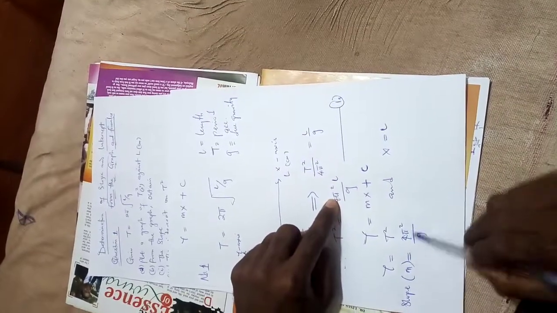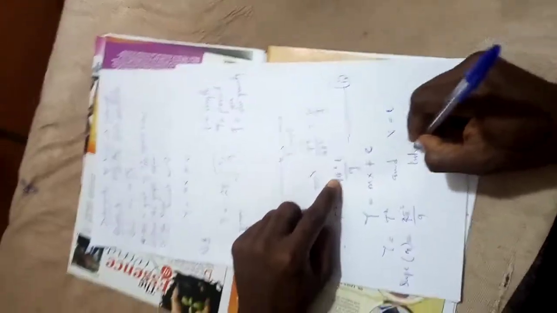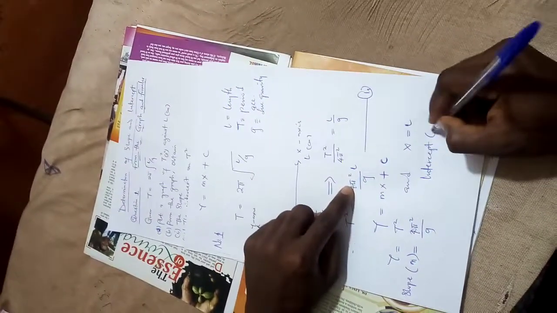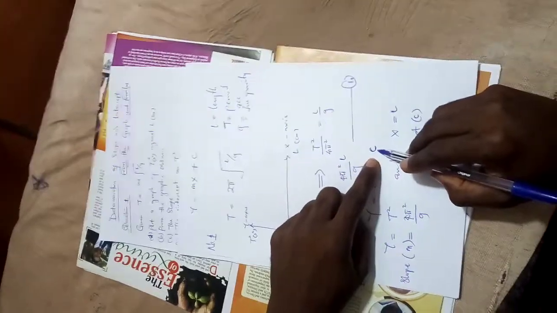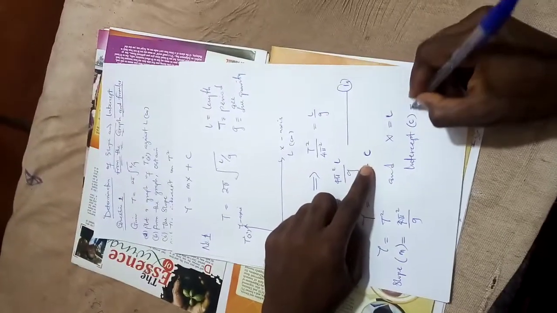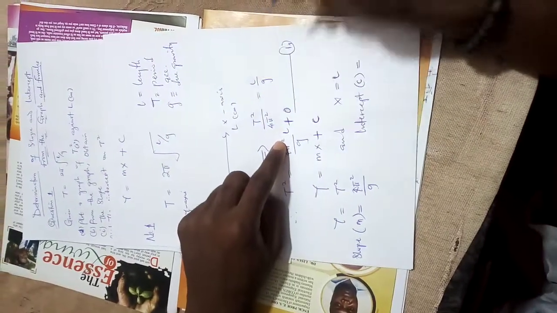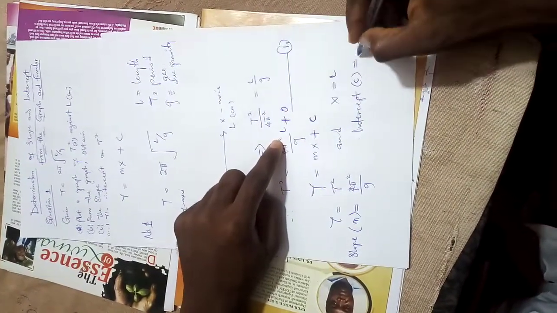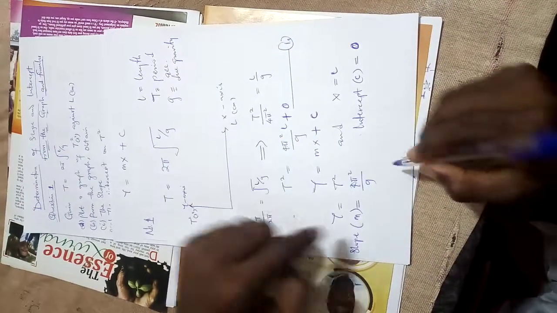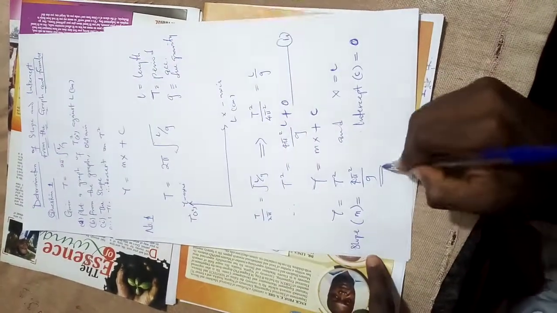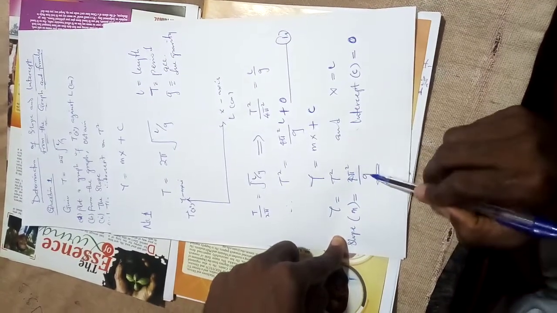Then our intercept, denoted as c in the straight line graph equation, is just like we are adding plus 0. There's nothing here, so our c is equal to 0. So we have been able to determine the slope. The slope is 4π squared all over g.